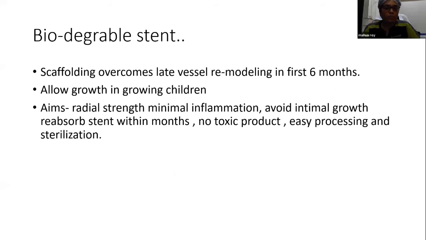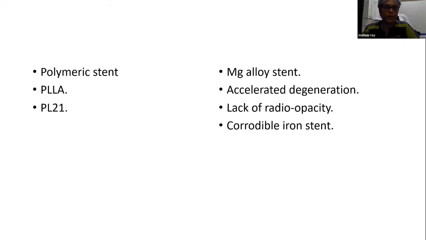And I have already mentioned, biodegradable stents may be available within very few years. So the concept is very unique. It provides a temporary scaffold, and it gives time for remodeling of the vessel, and then it disappears from the body. I have already mentioned there are various types, like the magnesium alloy stent.